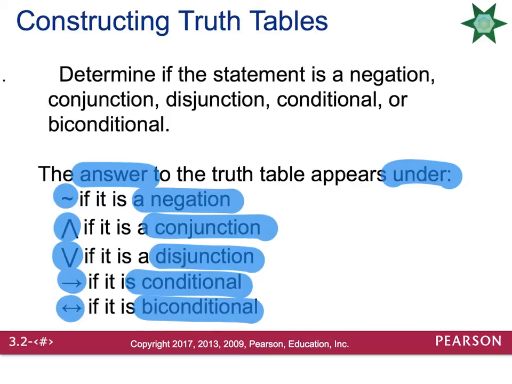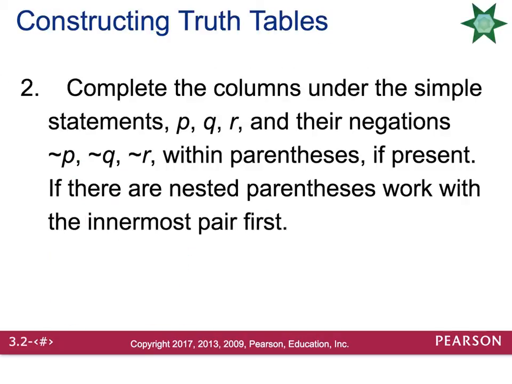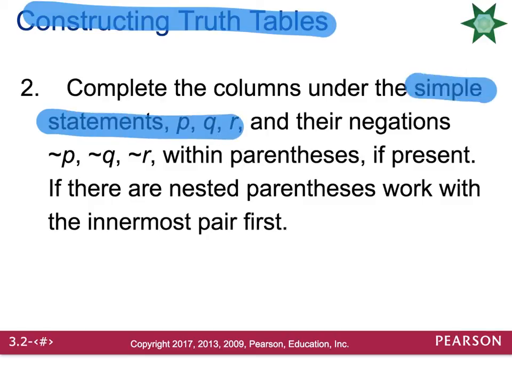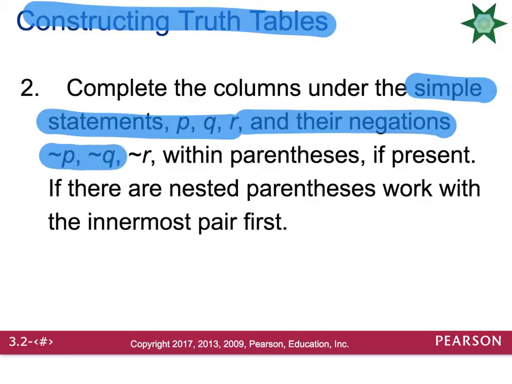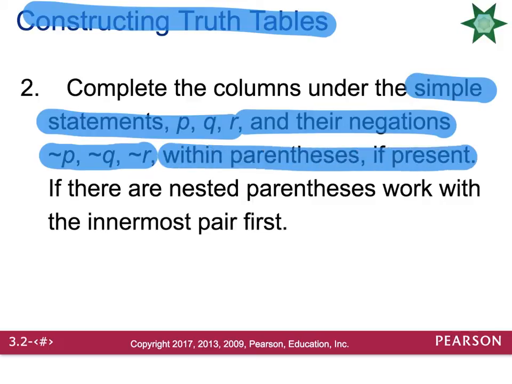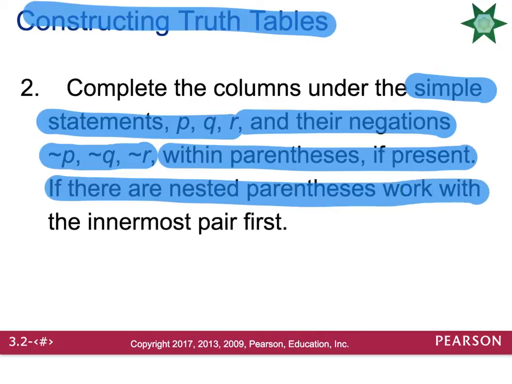Okay, so this is the first step in constructing a truth table. When we construct truth tables, let's say we have simple statements P, Q, and R, and their negations: not P, not Q, and not R. If there are nested parentheses, work with the innermost pair first.